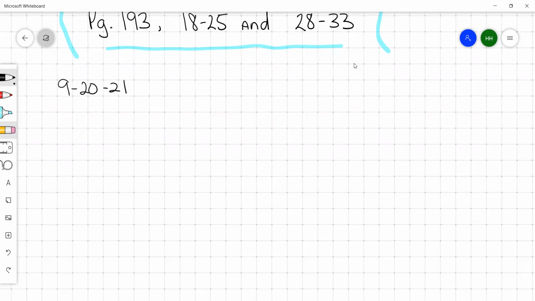All right, today we are going to be working with systems of inequalities.